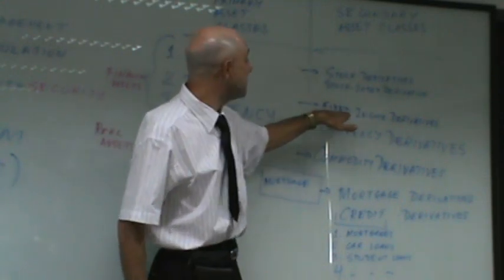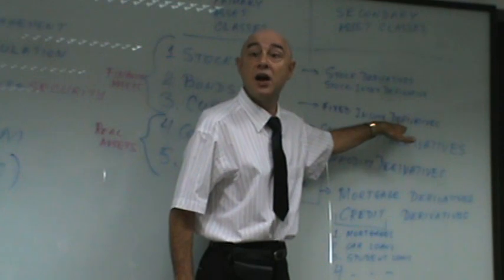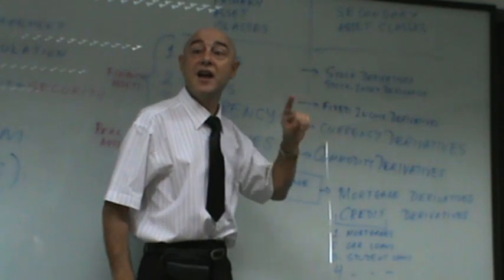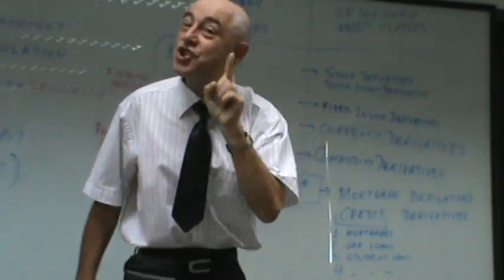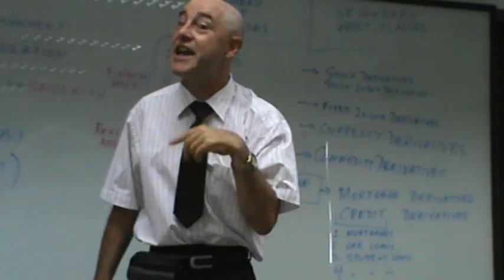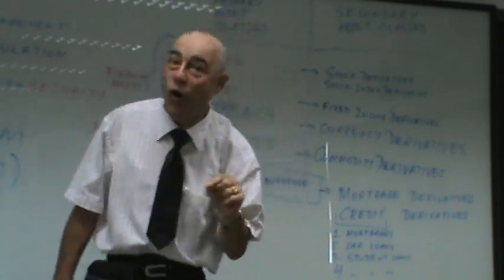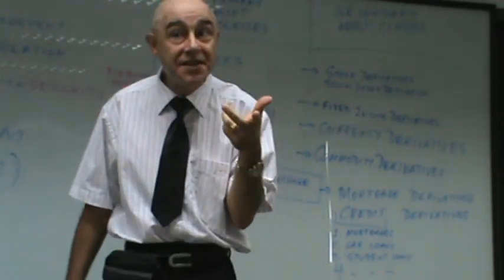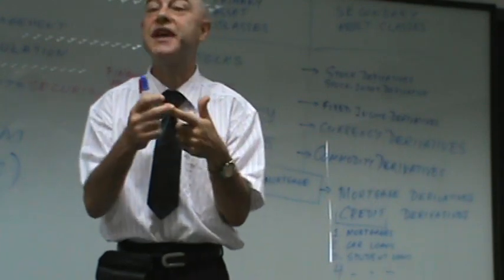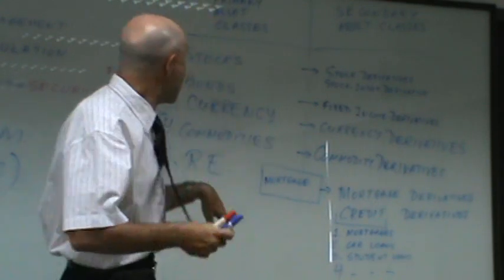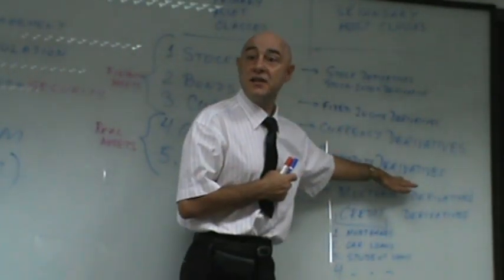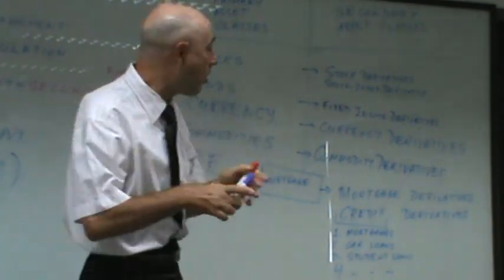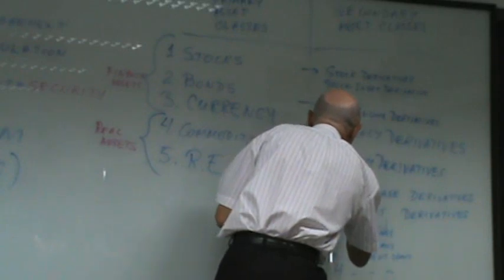The underlying asset of fixed income derivatives are bonds. The underlying asset of currency derivatives are exchange rates, or an exchange rate index like the US dollar index, but the index itself is based on exchange rates. The underlying of commodity derivatives will be a commodity, or a commodity index.